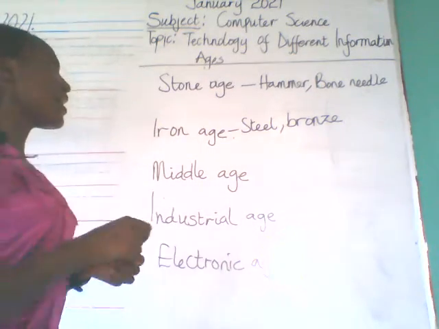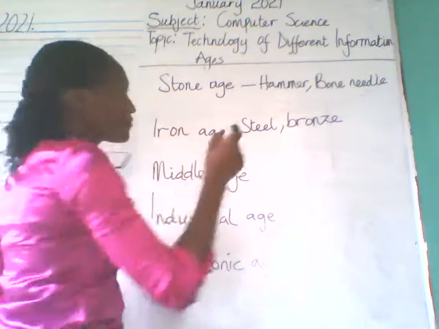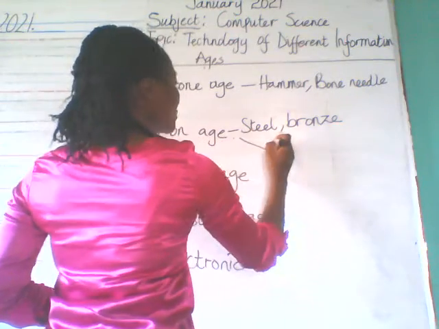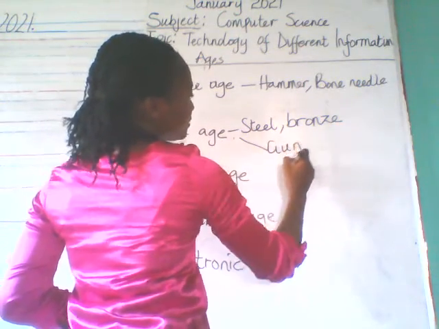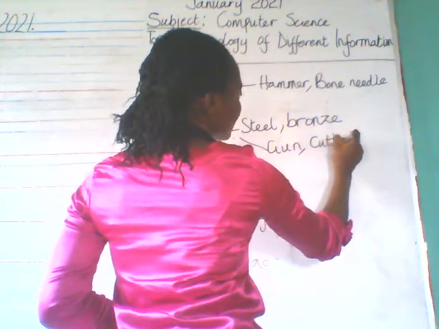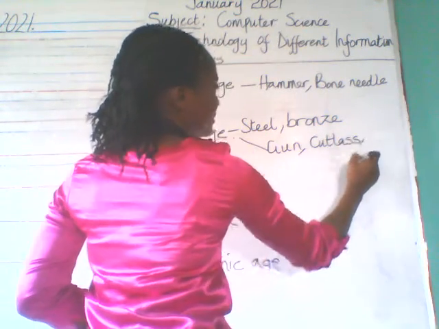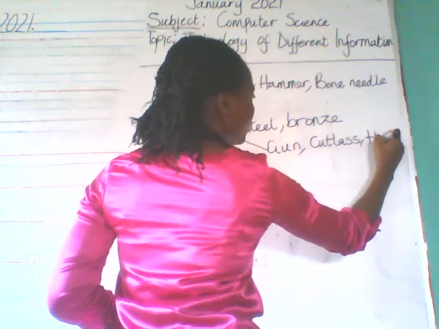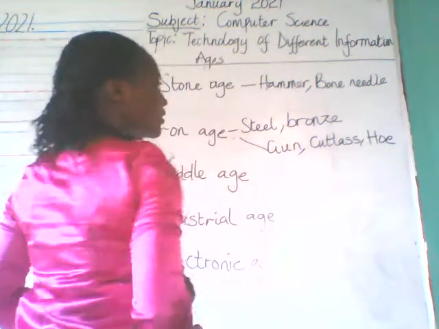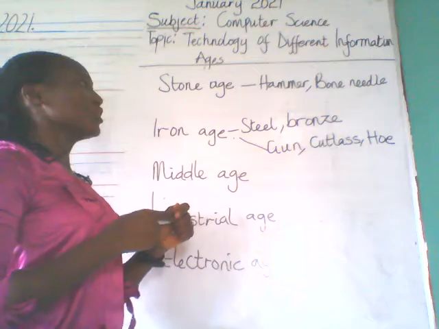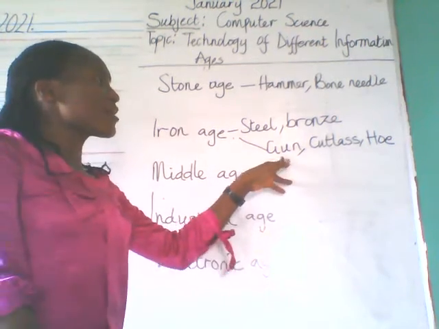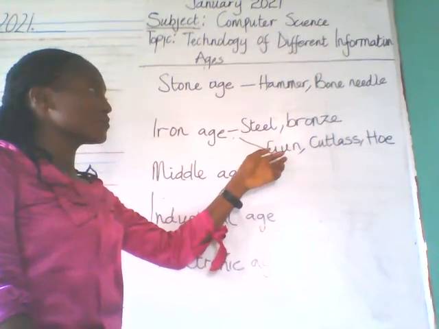And we have gun, the tools they make from it: gun, cutlass, and hoe. So you can see from this age, a gun is made of iron.